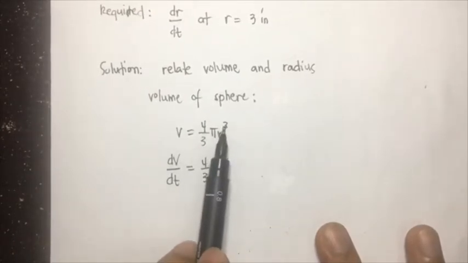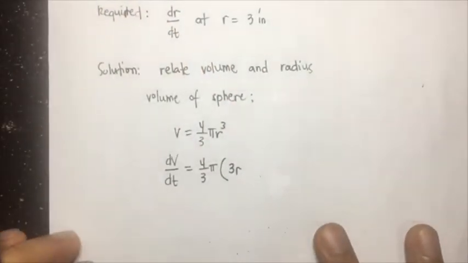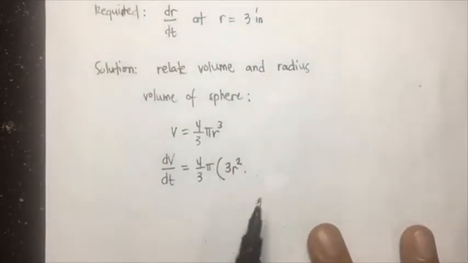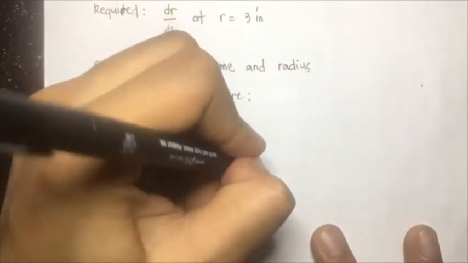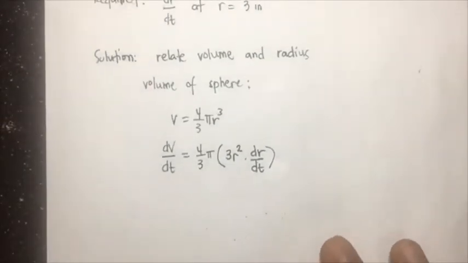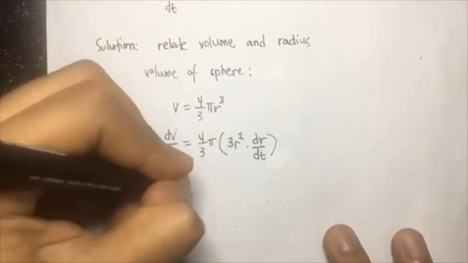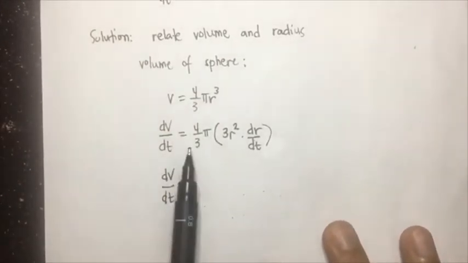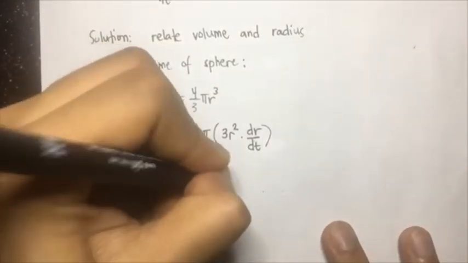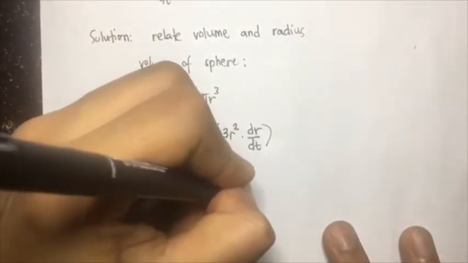Using the power formula, this becomes 3 r raised to 3 minus 1, multiplied by the derivative of r with respect to t, that is dr over dt. Then dV over dt is equal to, we can cancel the 3, 4 pi r squared dr over dt.